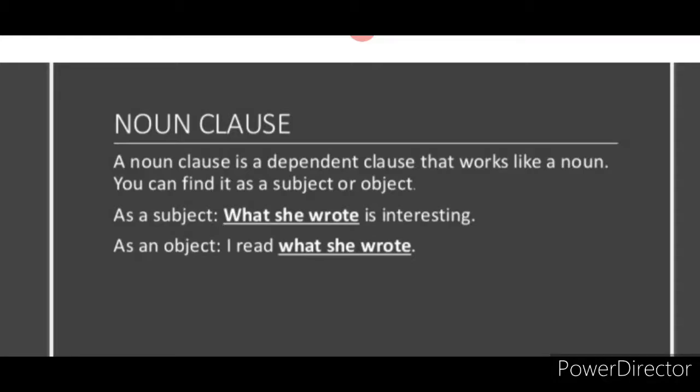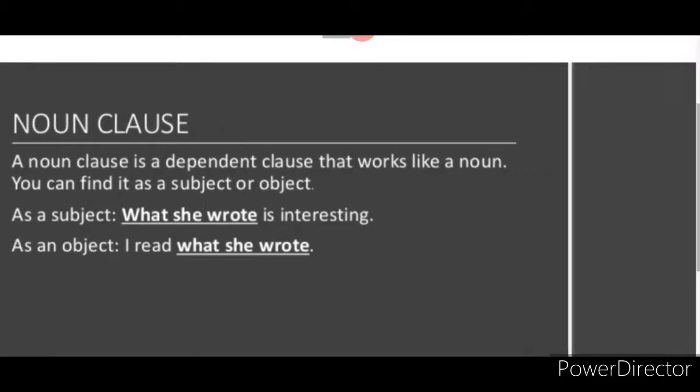Dependent clauses are also known as subordinate clauses. They have both subject and verb, but they do not give you a complete thought. This dependent clause is further divided into three types: adjective clause, adverb clause and noun clause.